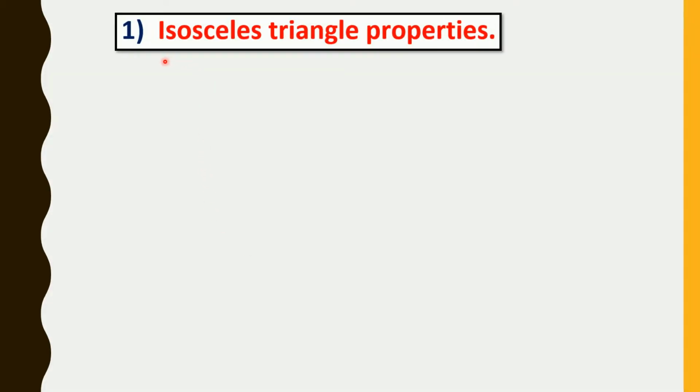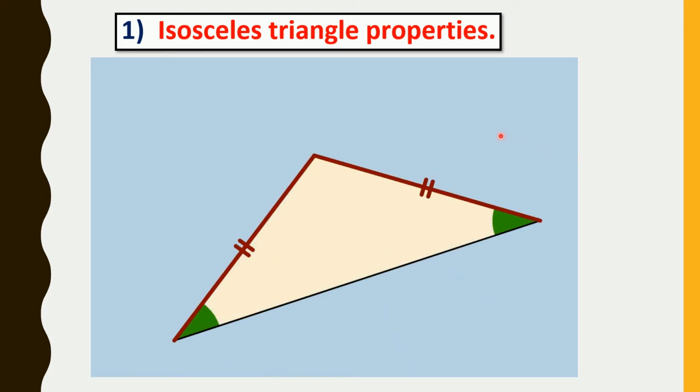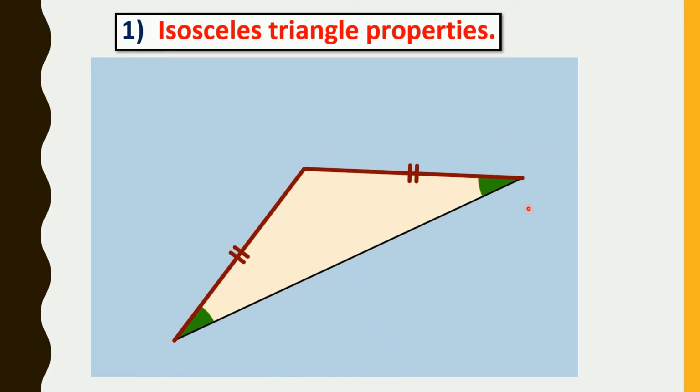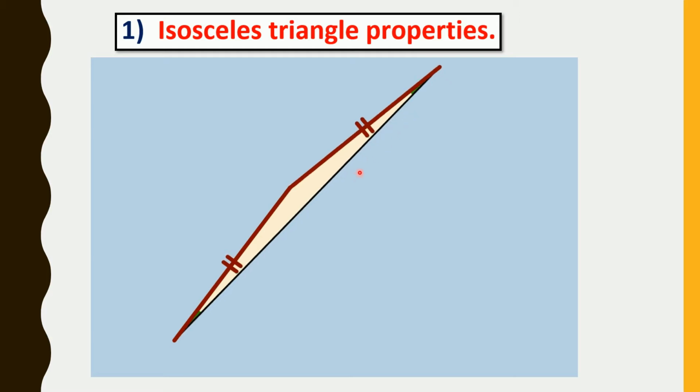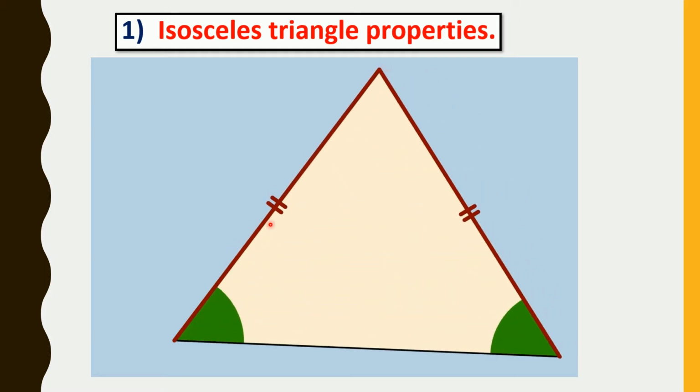Part 1, isosceles triangle properties. Let's see this animation. An isosceles triangle has two equal sides called legs, and we have here this common vertex of these two equal legs called the main vertex of the isosceles triangle.